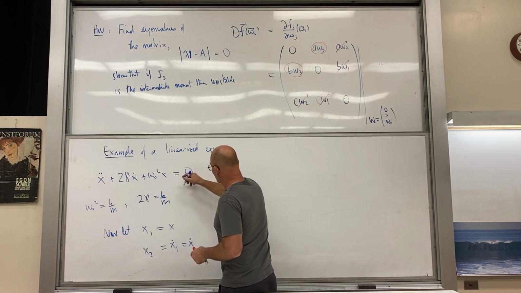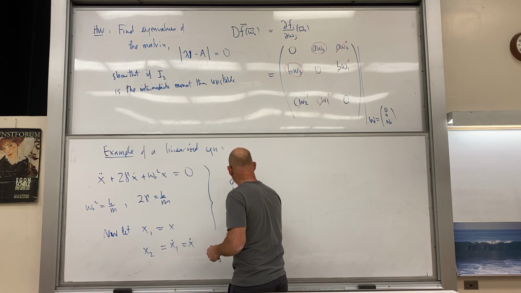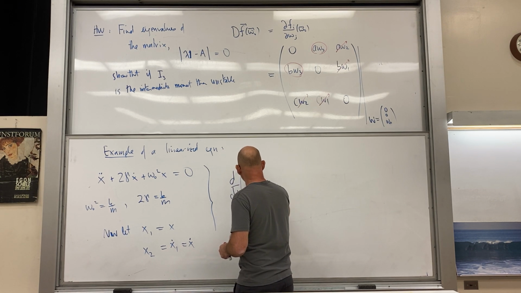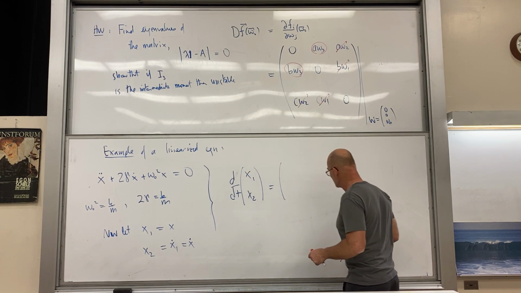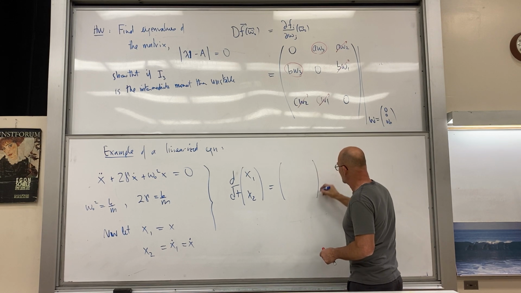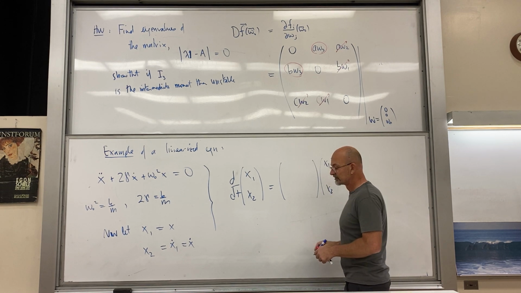So this equation reduces to d/dt of the vector x1, x2, equals a matrix times x1, x2.